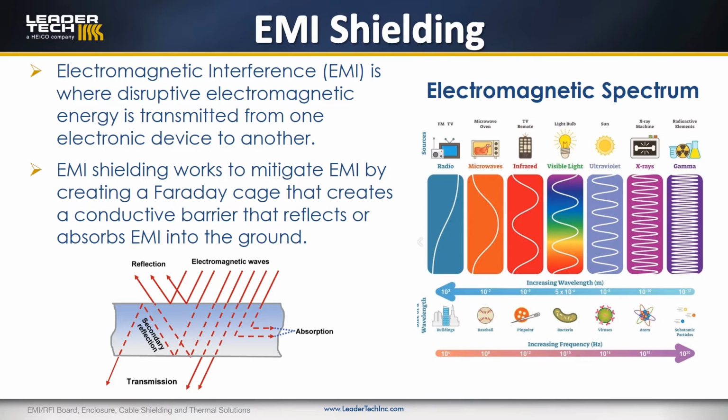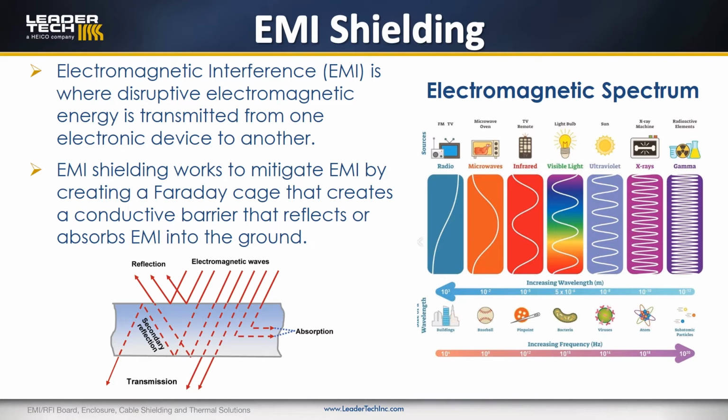You don't generally see that happen in your day-to-day because those devices are shielded. If you look at the chart of the electromagnetic spectrum, we're looking at primarily the radio and microwave zone, just below the spectrum of infrared and visible light.